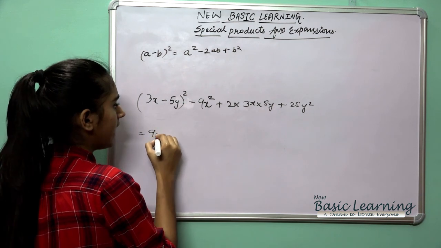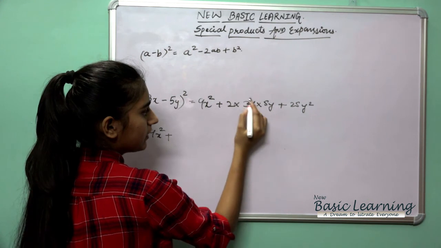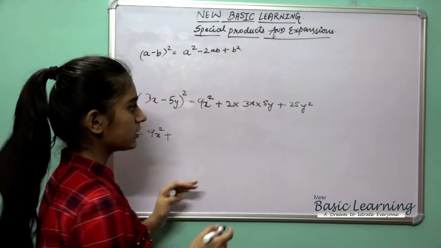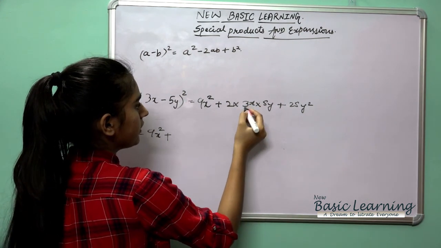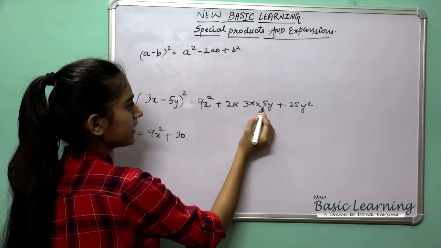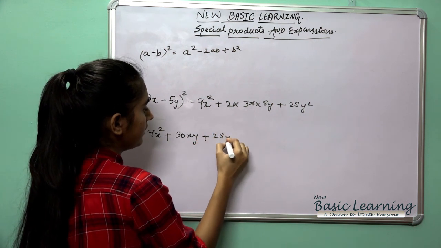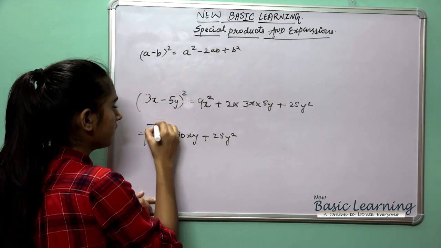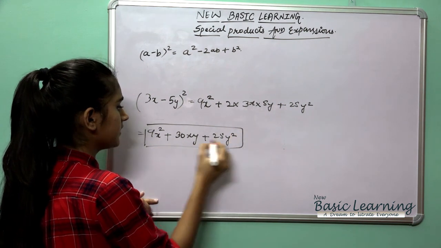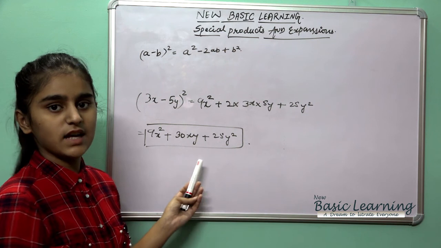That is 9x square plus 5. Now we will do the multiplication. 2 into 3 is 6, and 6 into 5 is 30, xy, plus 25y square. This is the answer that we get after calculation. I hope this example is clear to you.